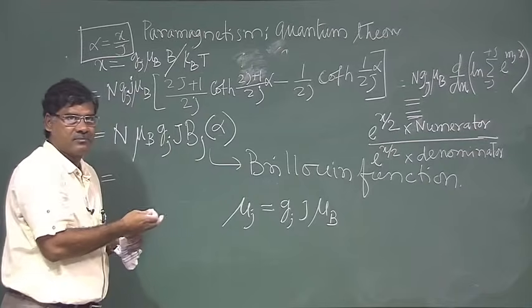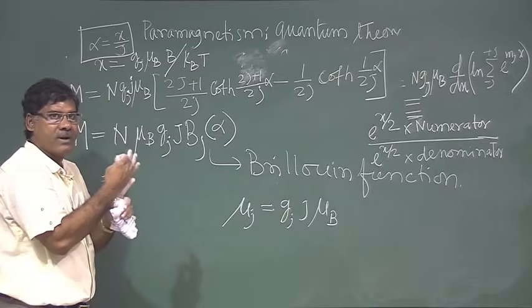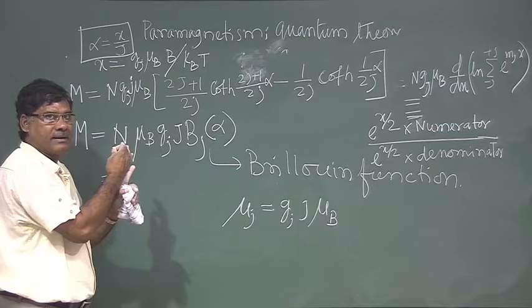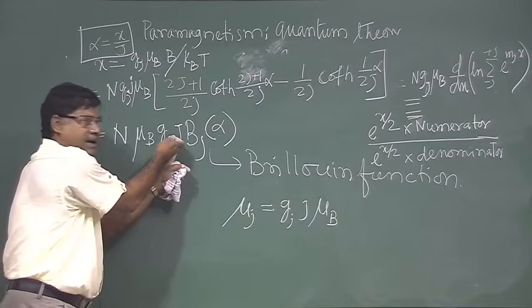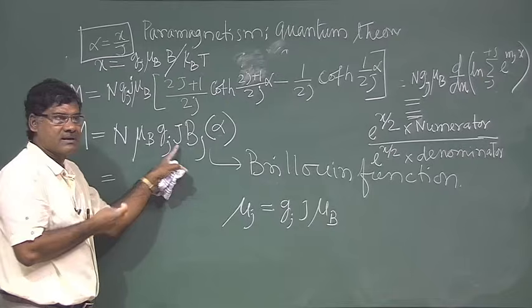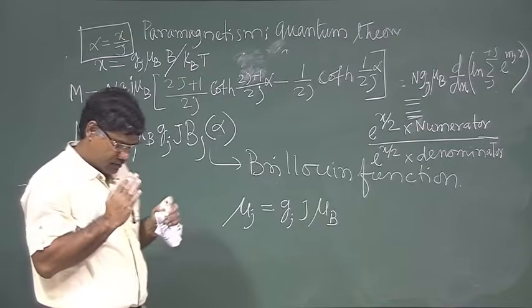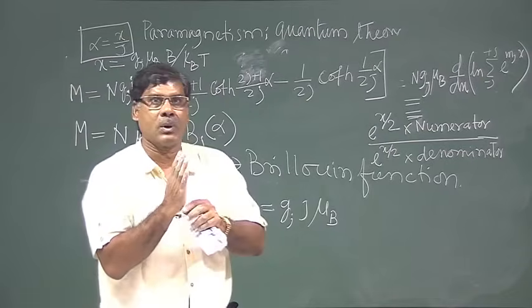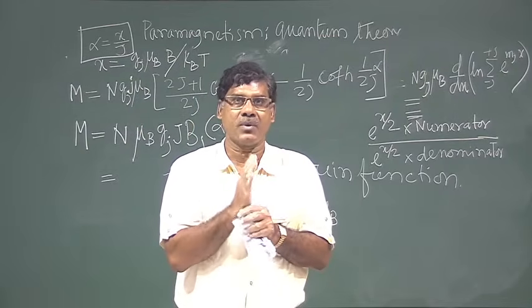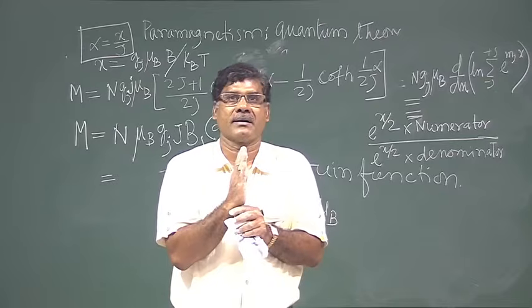Gj mj mu v is the component of this moment along the magnetic direction. Now this mj is j, so that means this dipole moment is fully aligned along the magnetic direction. It is not a component, it is fully aligned along the magnetic direction.